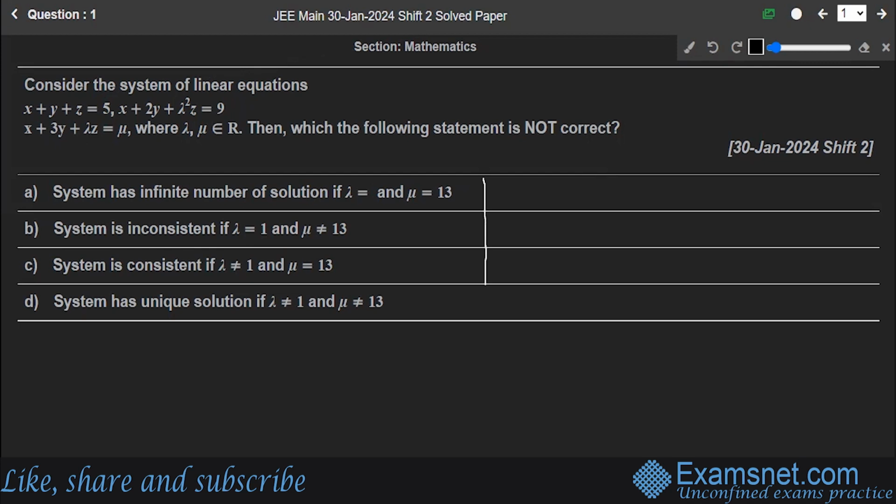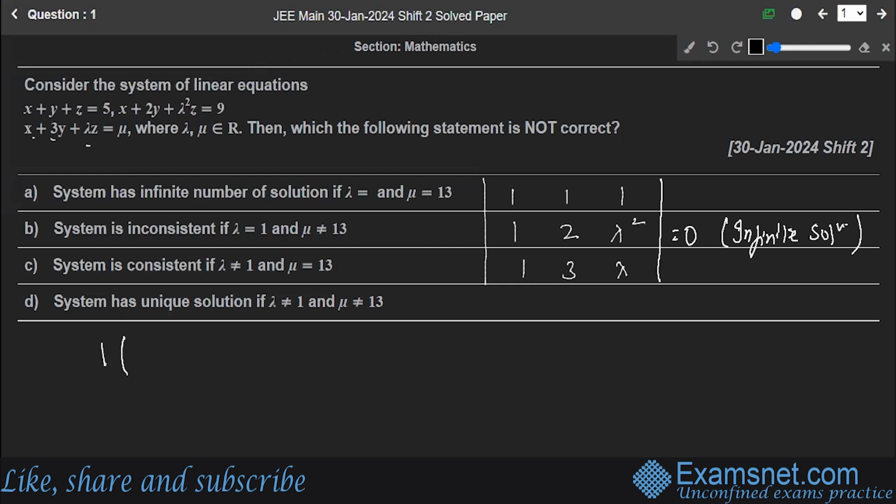So if I write these systems of linear equations in matrix form, this will be 1, 1, 1, 1, 2, lambda square and 1, 3, lambda, and this is equal to 0 for infinite solutions. So I'm just checking for the solution. Let's put that to 0 and then I'll get the value of lambda for which we will have infinite solutions.